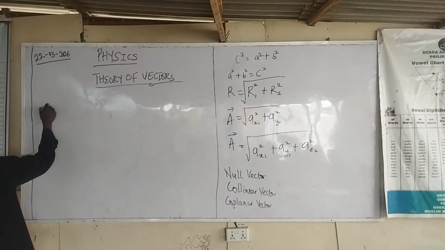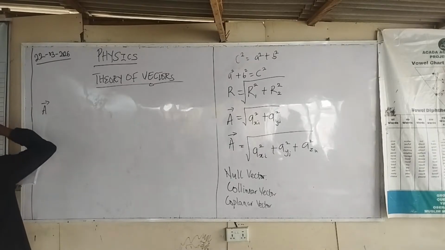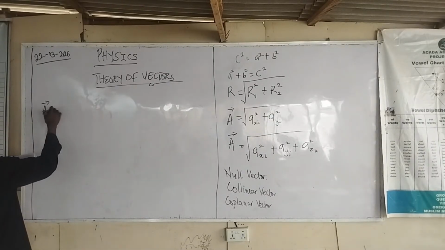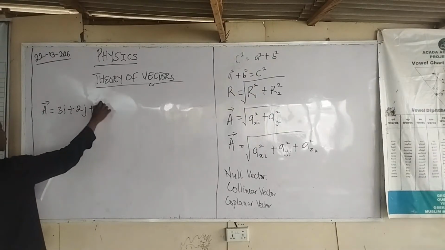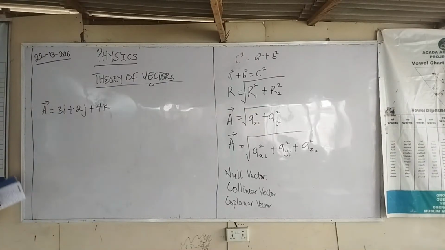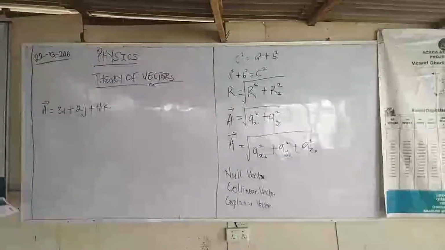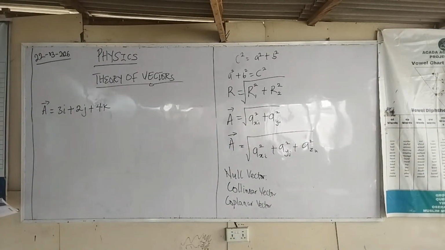Vector A is 3i plus 2j plus 4k. Do you remember why we are using i, j, and k? Because it is in three dimensions, which are x, y, and z. Are we together?